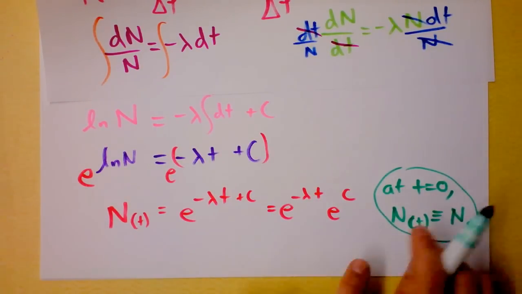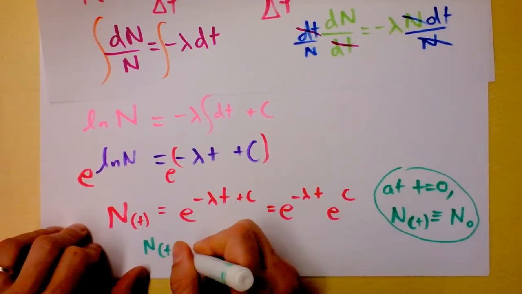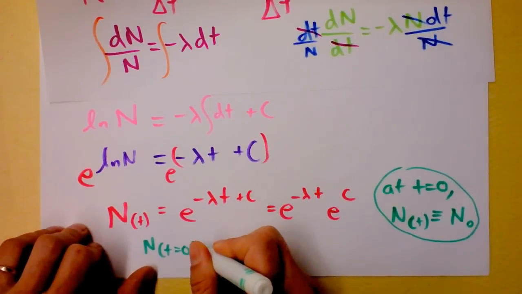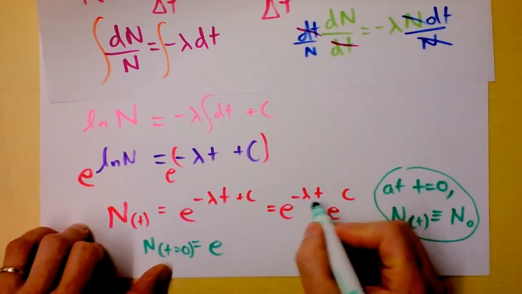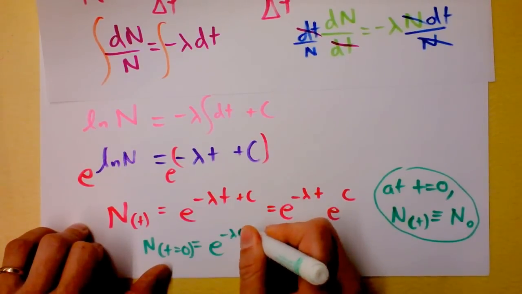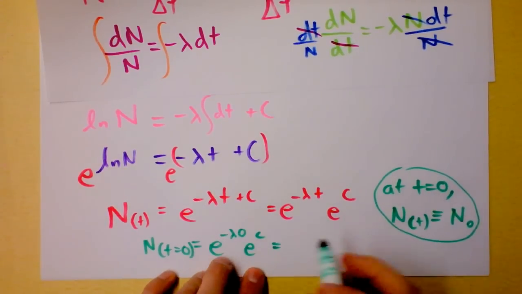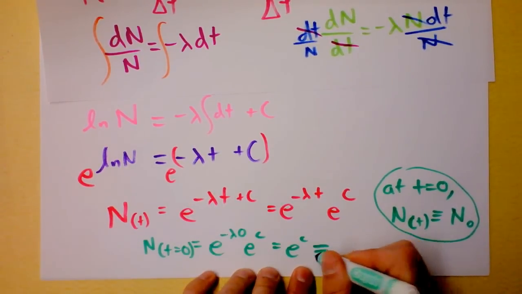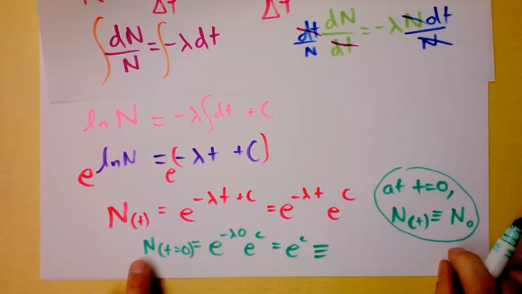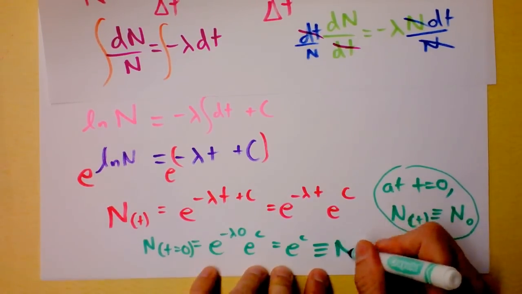So I'm going to plug in 0 to this equation, and I find that n of t equals 0 is e to the negative lambda times 0 times e to the c, and that is simply e to the c. So I can define that n at t equals 0 to be n naught.